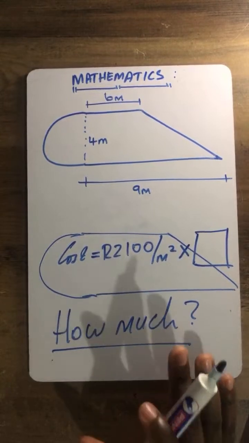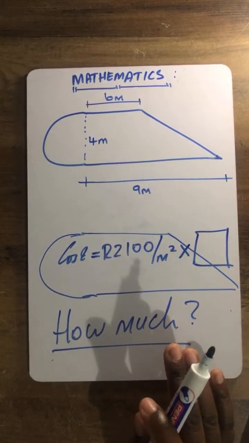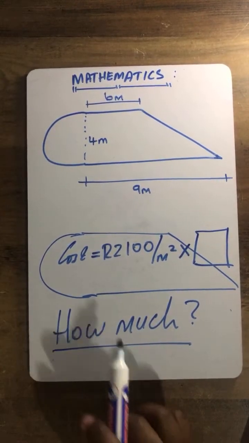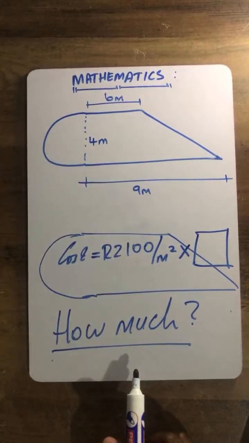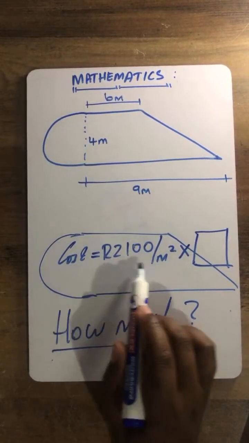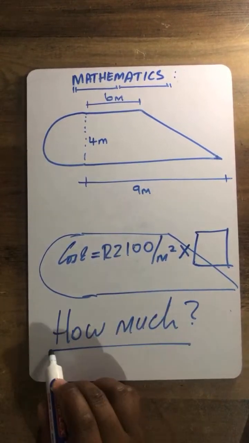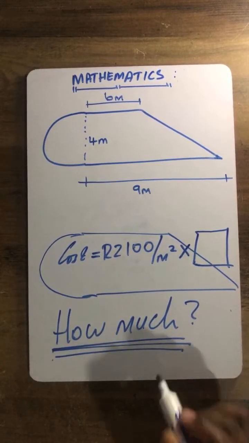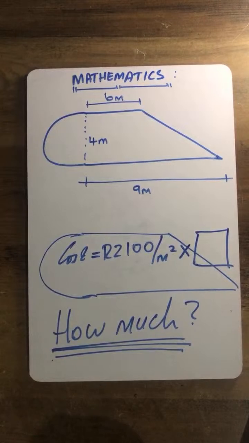So in short, we are saying calculate the area of that shape. In this case, it's not the perimeter, but the area. Once you are done, you multiply it by that, and then you will know how much it is going to cost to build the pool in your school.